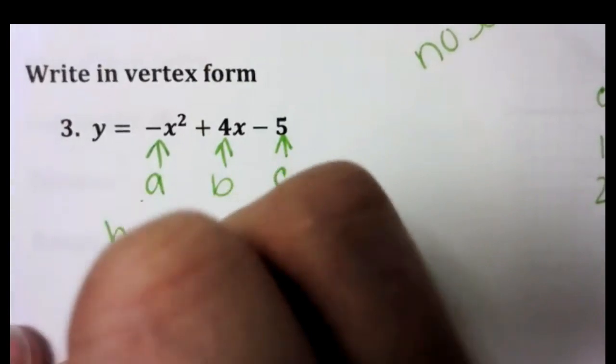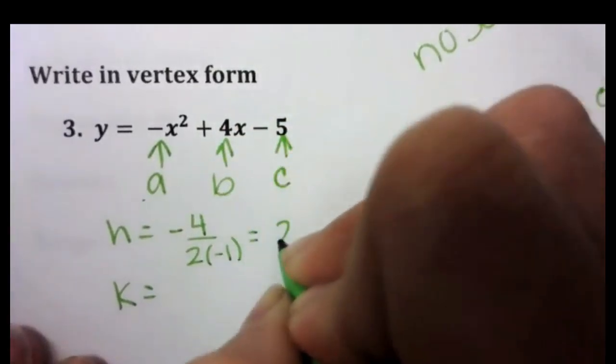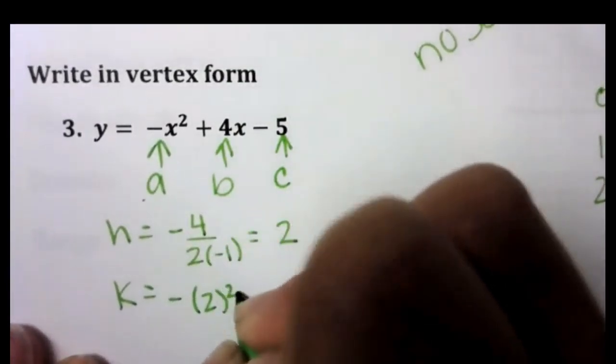So the A value in vertex form stays the same. You have to find h and k. H is always negative b divided by 2a. So in this case, positive 2. K comes from plugging that in.